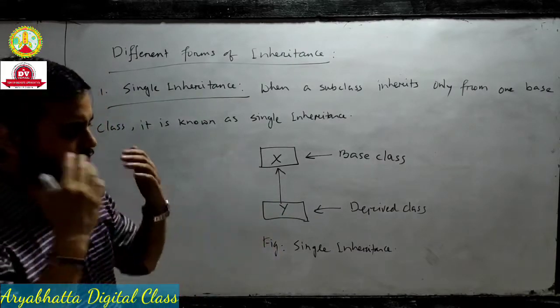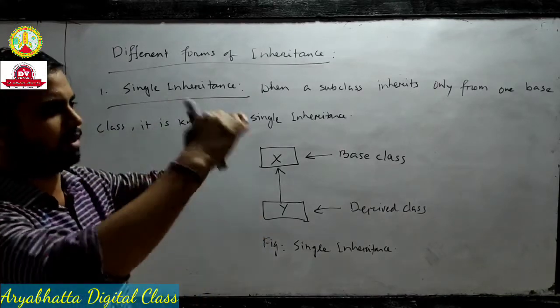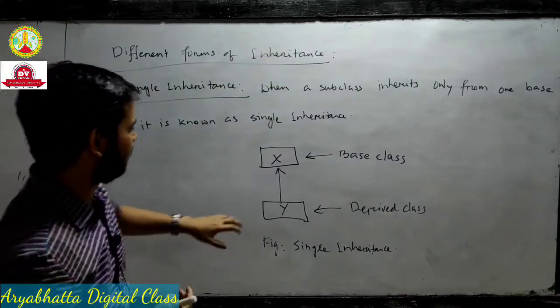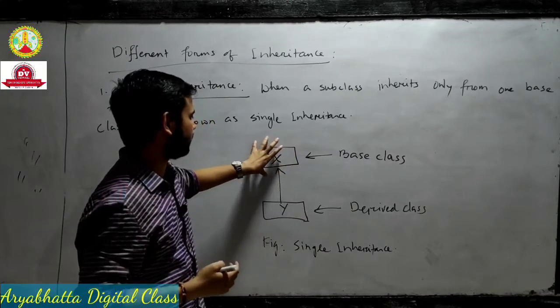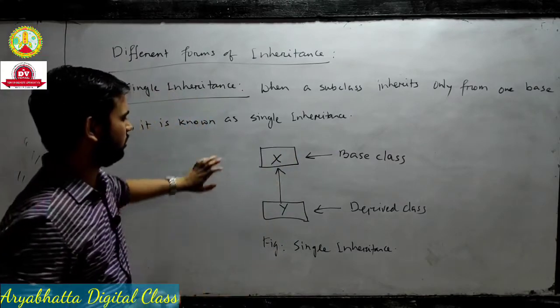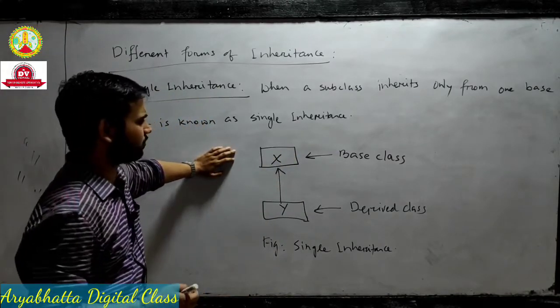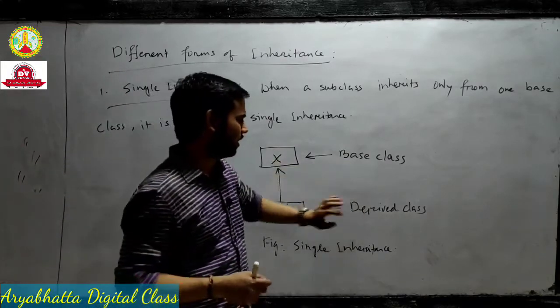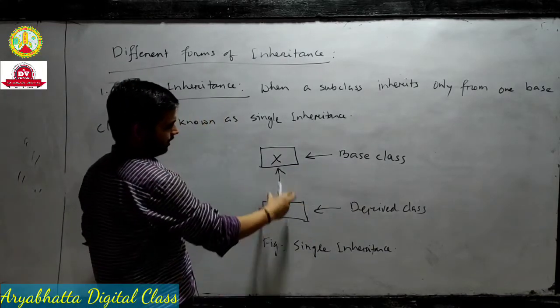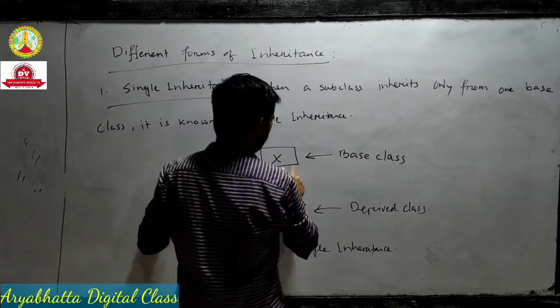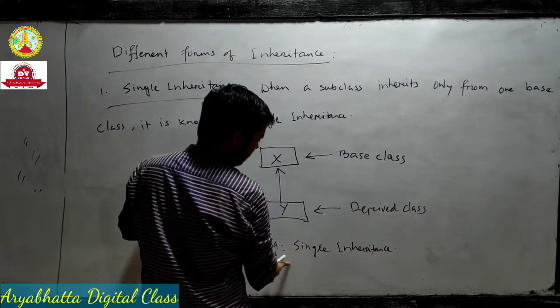In some books it is like that, but mainly you have to write base class and derived class. Y is derived from X, meaning only one base class. This is single inheritance.